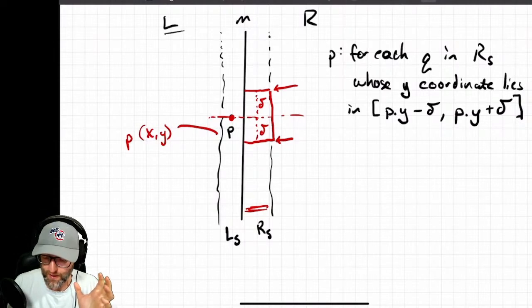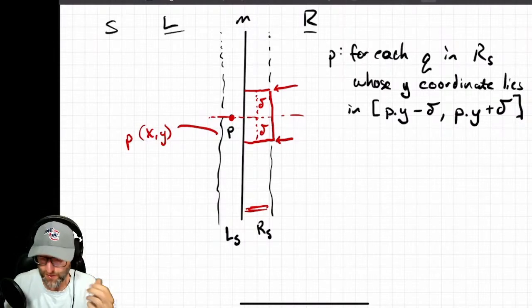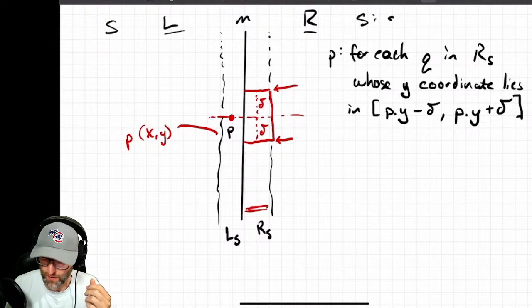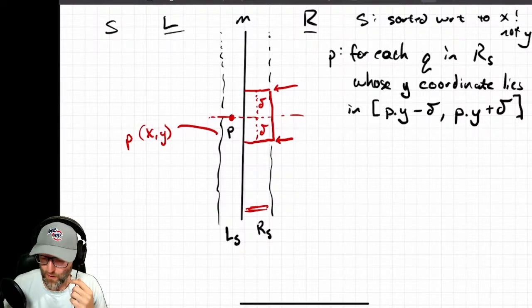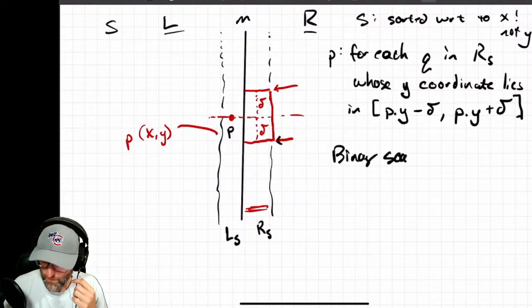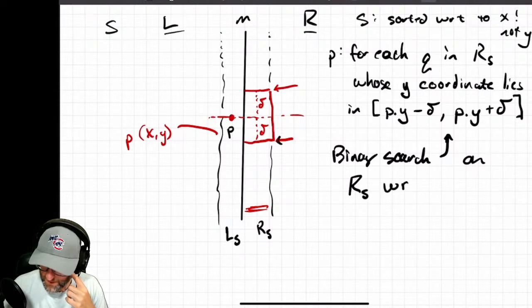Remember that L and R, which is all the points here, were sorted with respect to x, not y. What I need to do in order to do this efficiently is a binary search for this range on the right-hand slice with respect to the y coordinate.